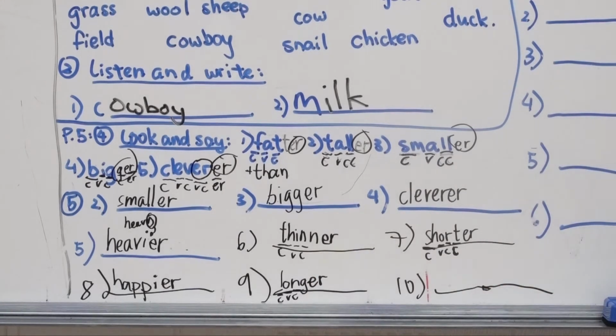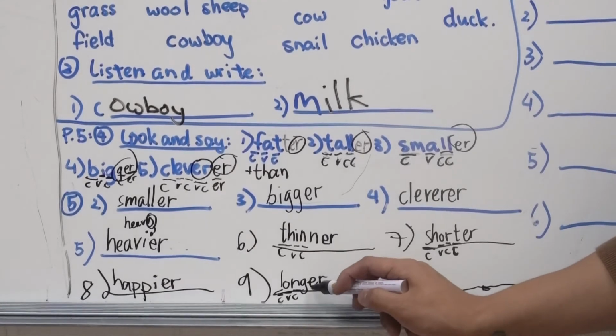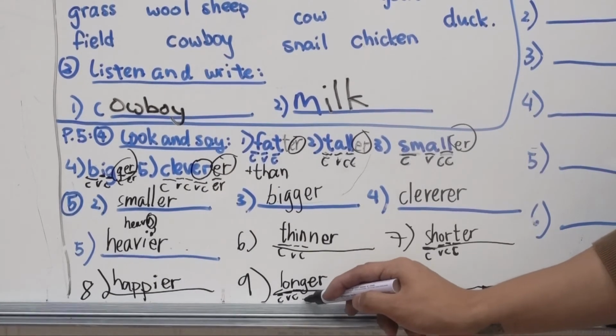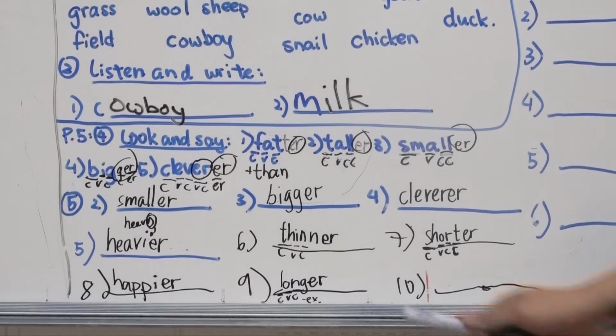But because of the way that English writers spelt the word longer a long time ago, we don't need to add another G. Just put ER. This is called an exception. Only one G. Longer.